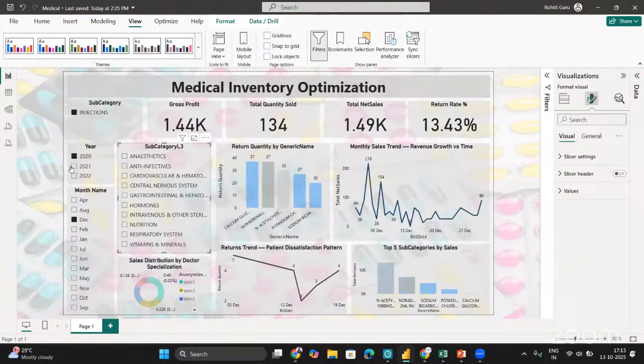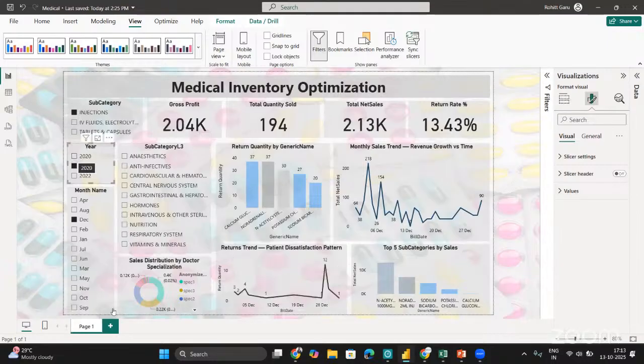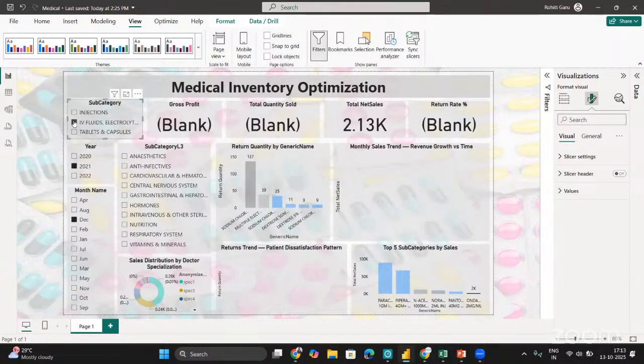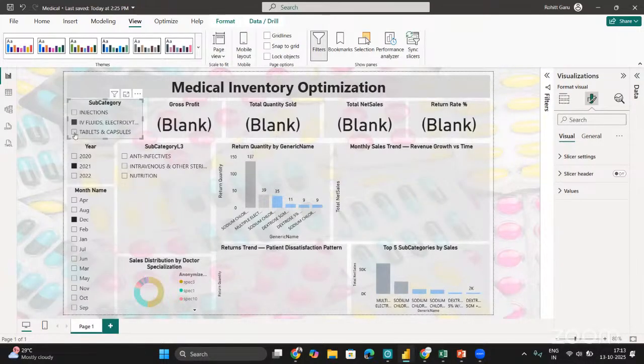Like that we have to check for 2021. IV fluids: no selling for the December month.